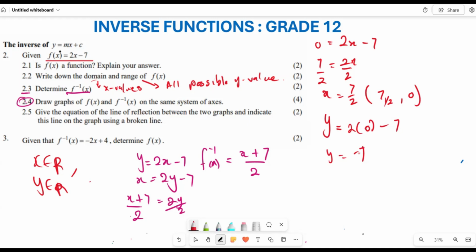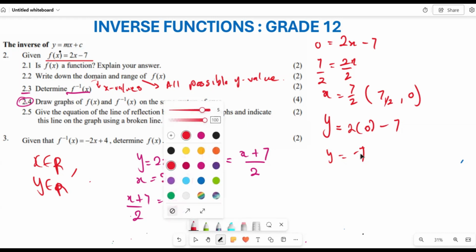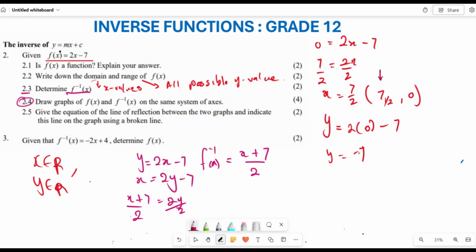Now, I would tell you that the intercepts of the inverse function are the opposite of these points. If you remember what we did in the beginning, the x-intercept (7 over 2, 0) becomes (0, 7 over 2) for our inverse function.